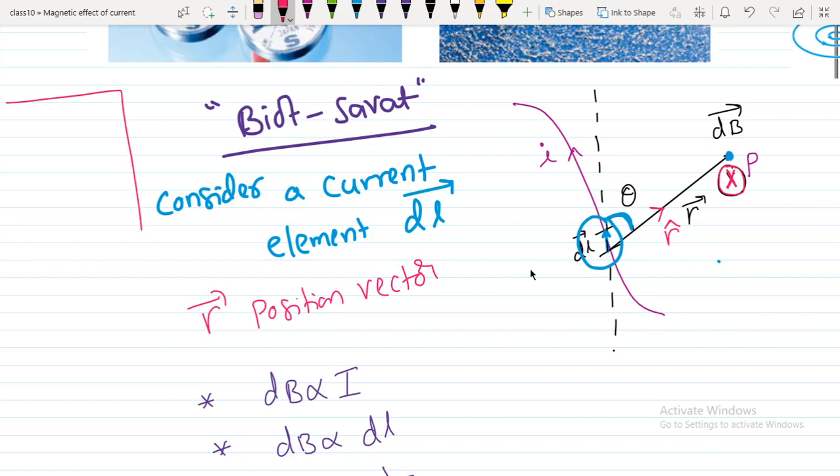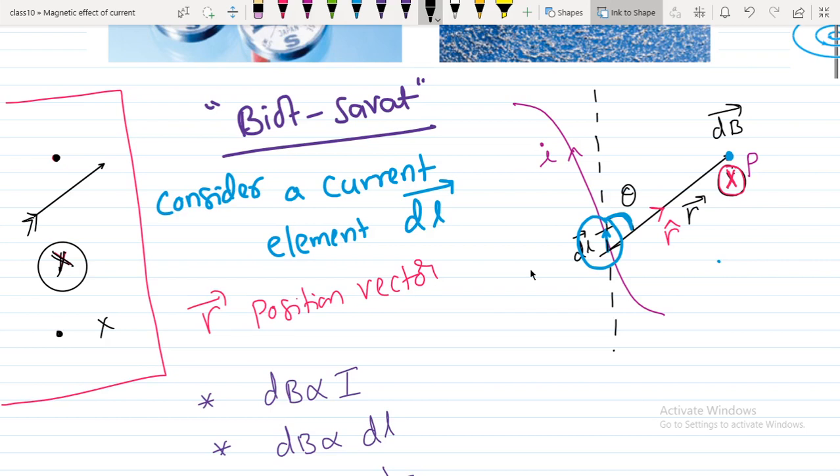We use two types of conventions, since the magnetic field is a vector: a dot and a cross. Suppose an arrow is coming out of the page, we see the tip of the arrow first.